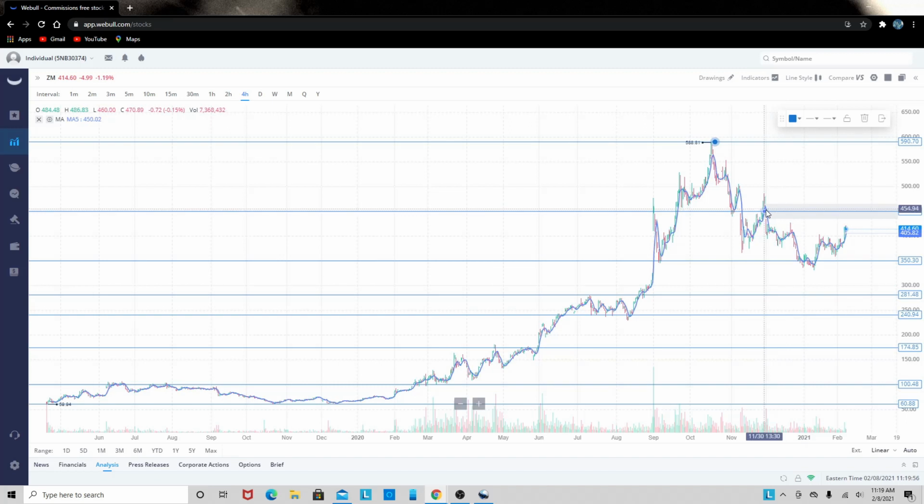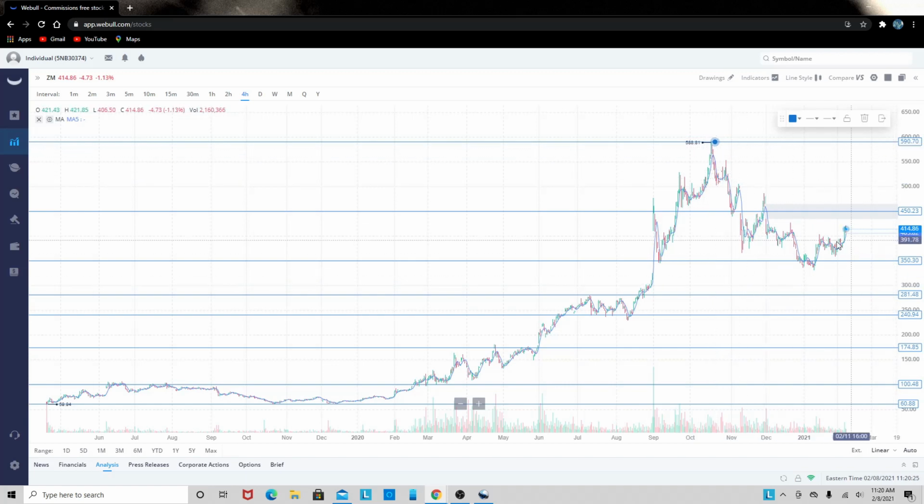And then you can see when it dropped below that 450, we had our support down here at 350, which caught it when it dropped down below there. So that's where it's trading at right now, in between this range of 450 and 350. Hit this 450 resistance and the 350 support as it came all the way down from the almost 590 high.